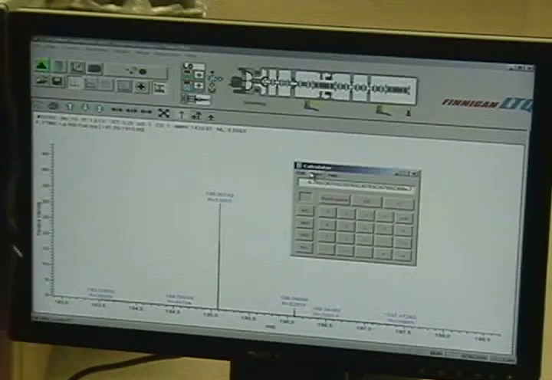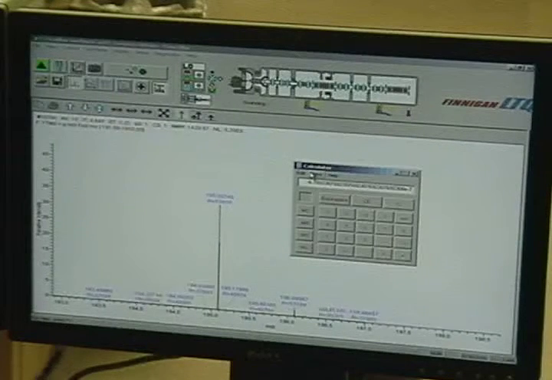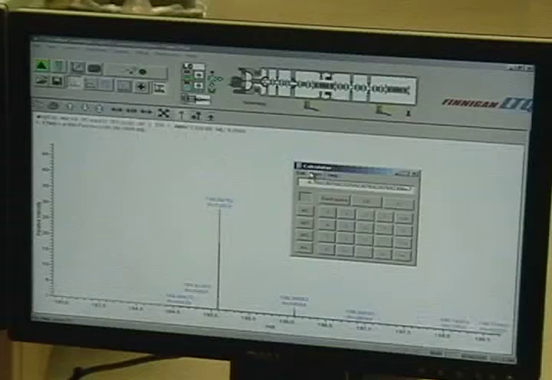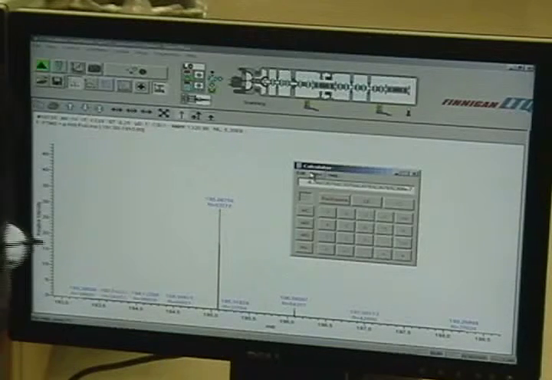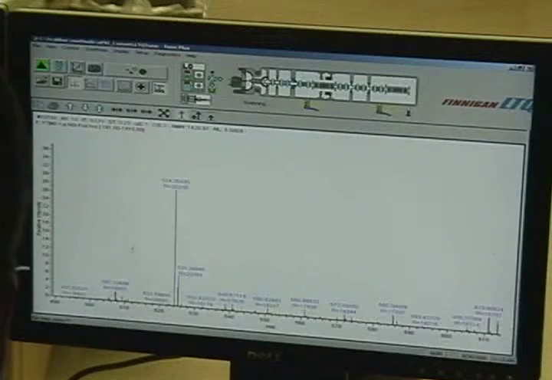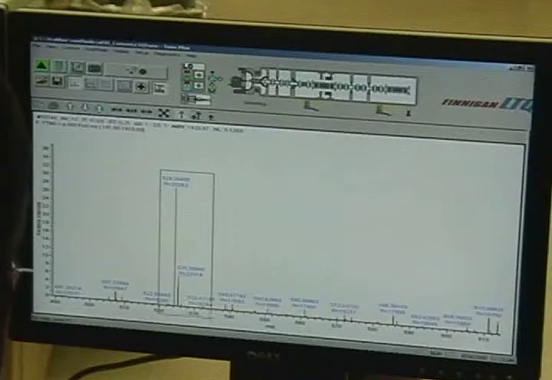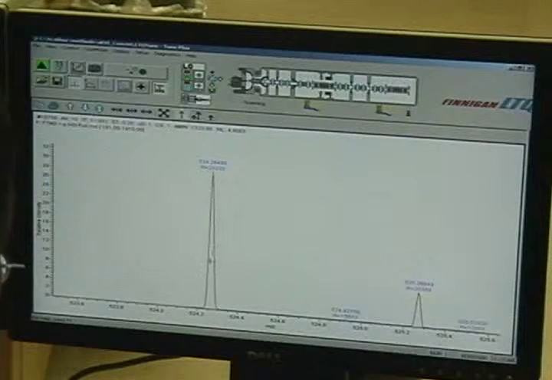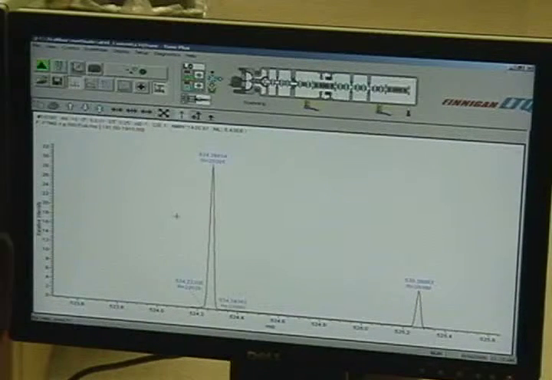So we're 0.7 ppm for the caffeine. So you set it at 25,000 resolution. Yeah, the resolution won't affect your mass accuracy.